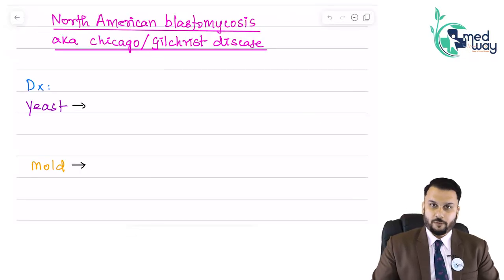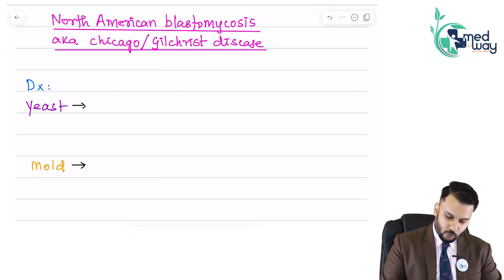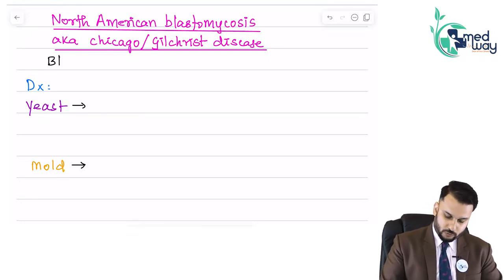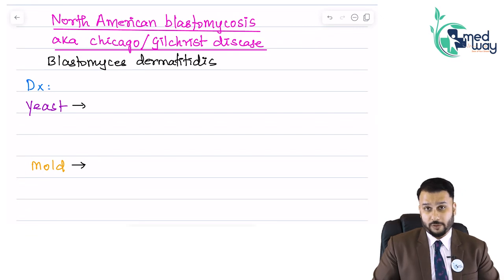Fine. The next dimorphic in the list is an organism by the name of blastomyces, which causes a disease called blastomycosis. The name of this fungus is simply Blastomyces dermatitidis. Since all of them present with pulmonary presentation, we are straight away jumping to the diagnostics. How do they look under the microscope?